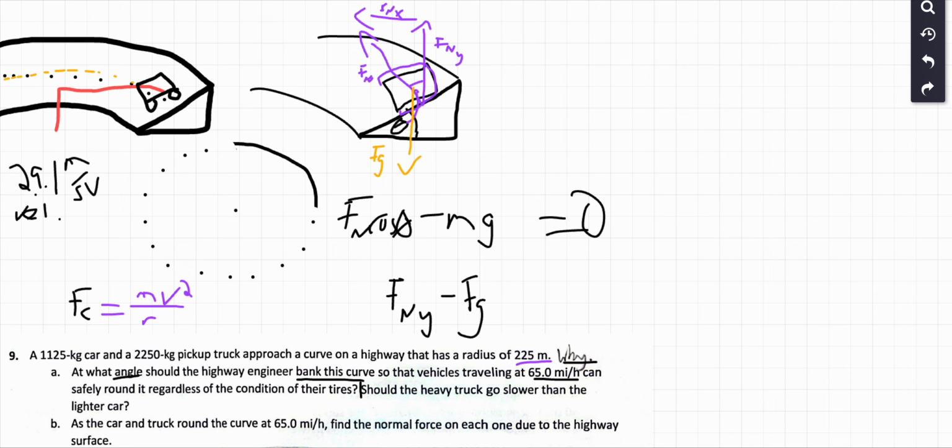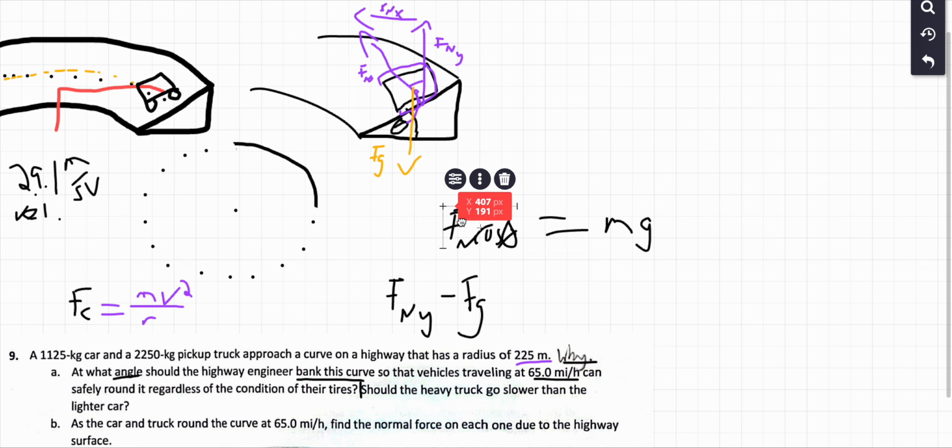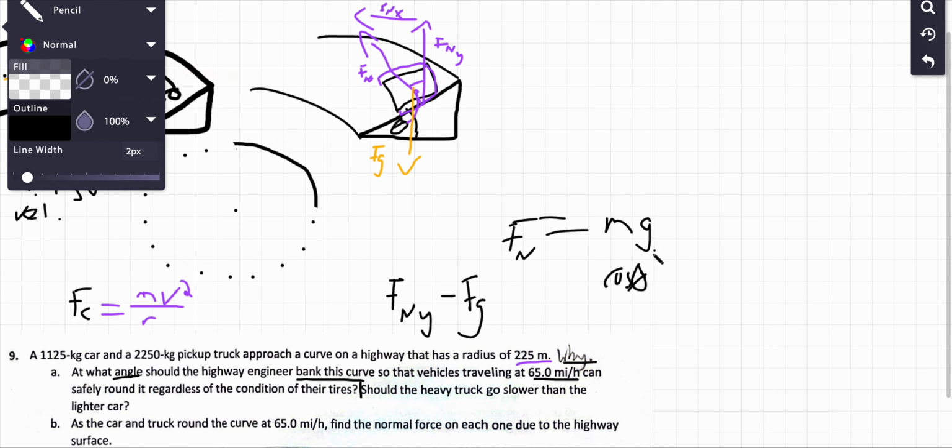From this, we can figure out that our normal force times cosine theta is equal to our force of gravity, and that our normal force is our mass times gravity divided by cosine theta.